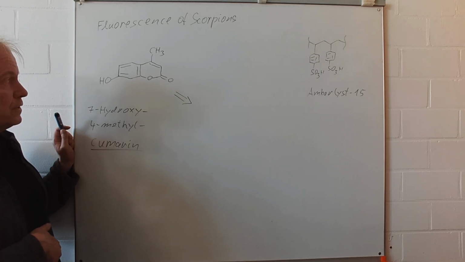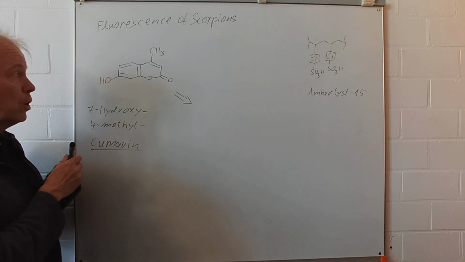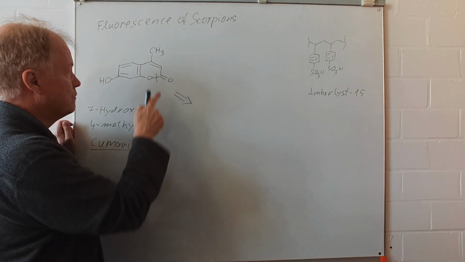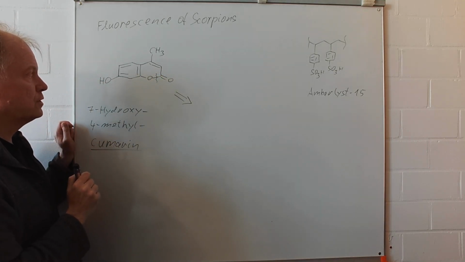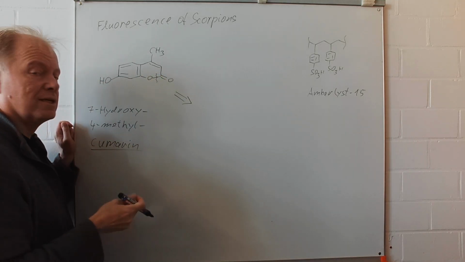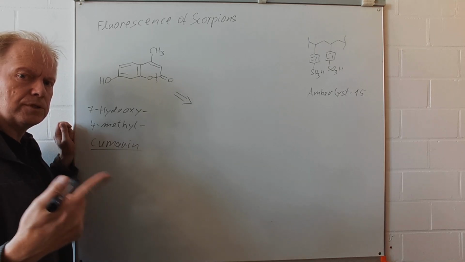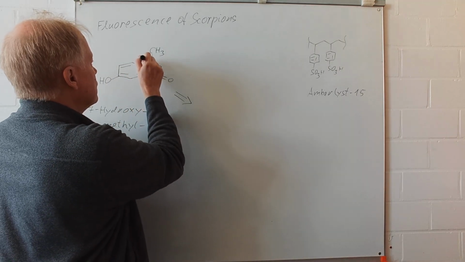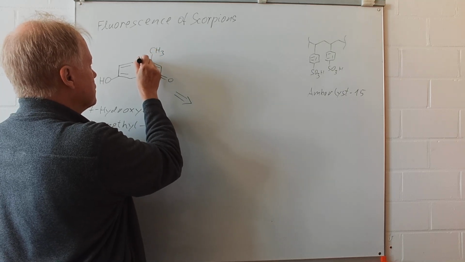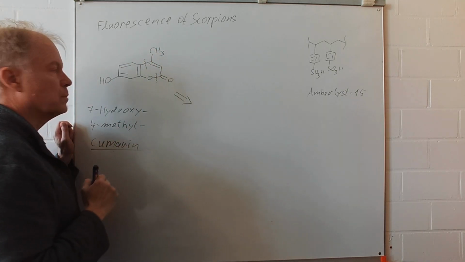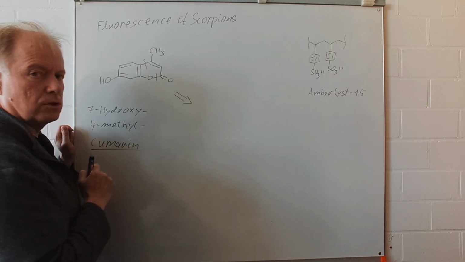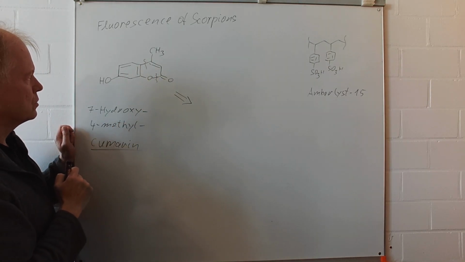First of all, we have to look for strategic bonds. This ester group here, this ester bond, is certainly such a strategic bond, easily formed and easily broken. And here, this substituent sitting at the aromatic ring, well, this bond is also a strategic bond.